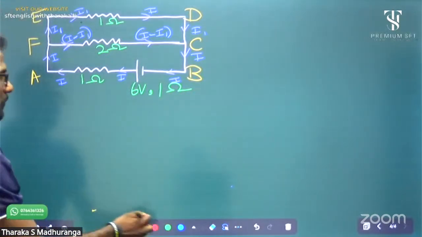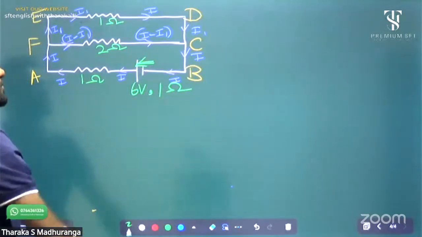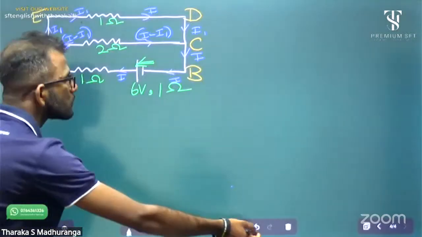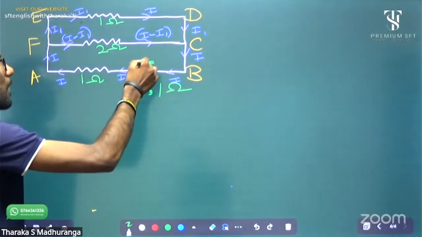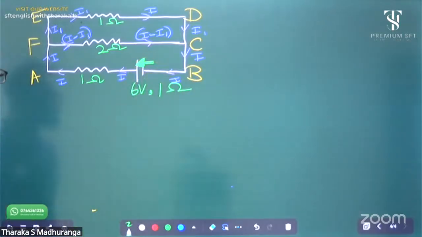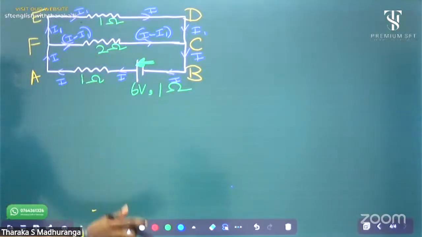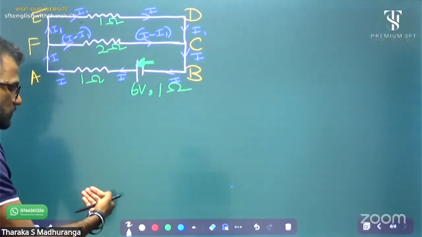Okay, now I'm going to mark the EMF direction. Now tell me a complete closed loop to apply Kirchhoff's second law.